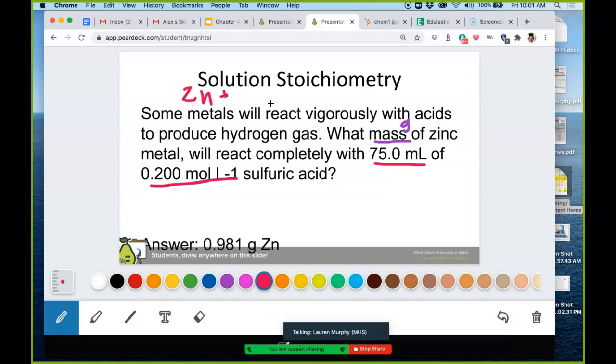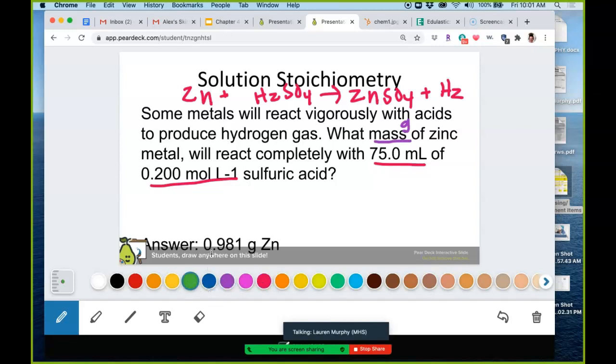Zinc reacts with sulfuric acid. Okay, this is single replacement. Zinc is +2, sulfate is -2, so they go together nicely. Okay, and we get the bubbling of the hydrogen gas. And now let's look at the problem.